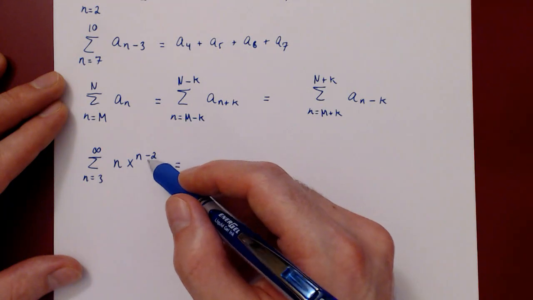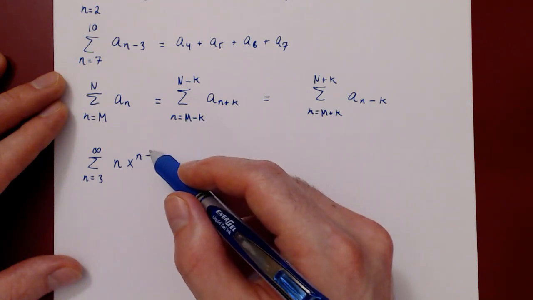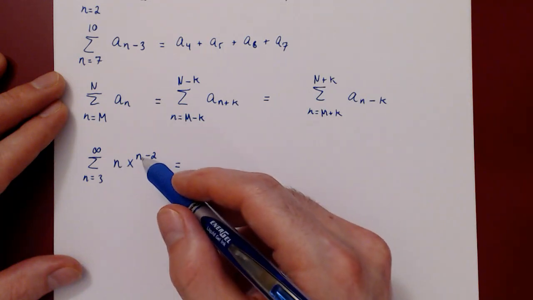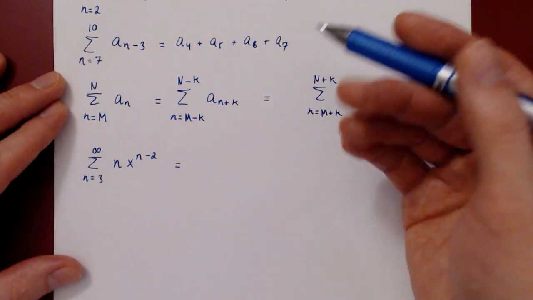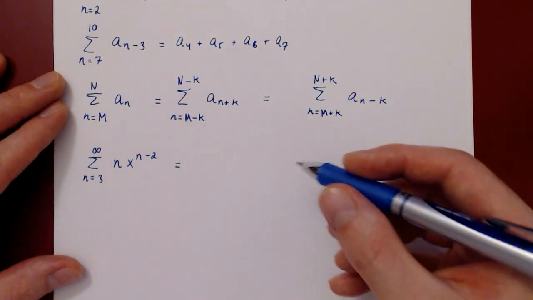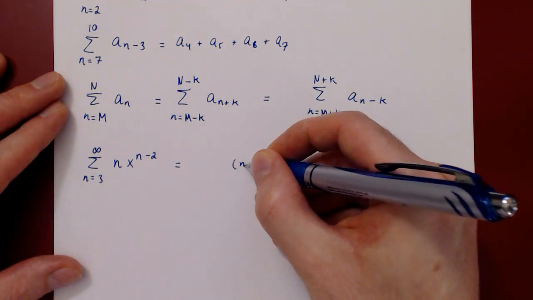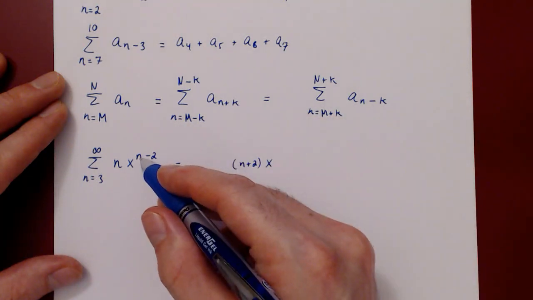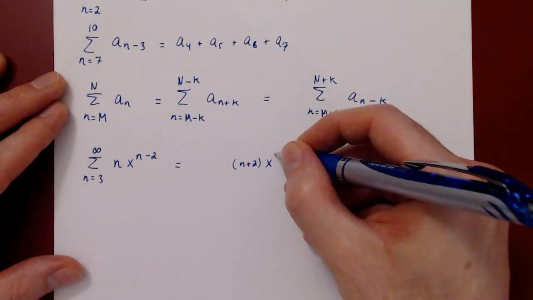To cancel this, we have to add 2 to n. So here we translate the index of our sequence by 2 to the right. So we add 2 to n, so we get n plus 2 here, times x to the n plus 2 minus 2, which is of course n.